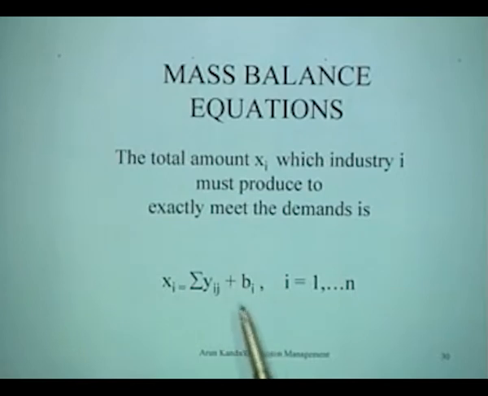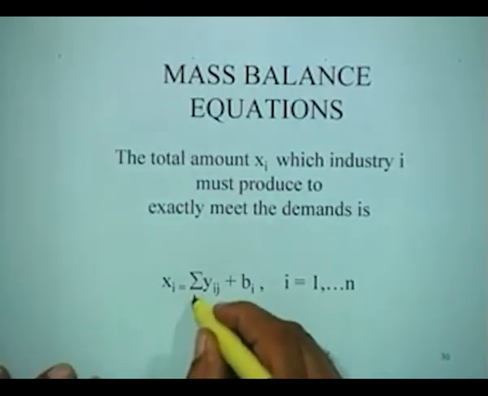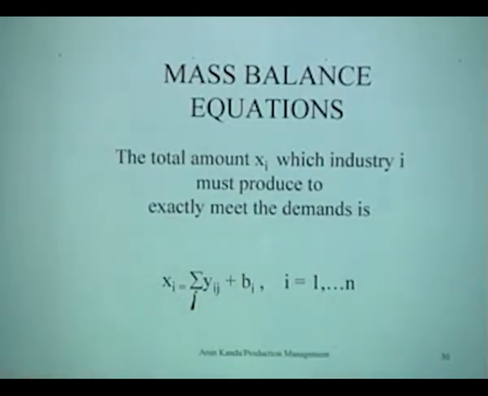Bi is the exogenous demand and Yij is the amount which is going to industry J. So this summation would be over all J. The total amount flowing from I to all other industries plus Bi should be equal to the production for that industry. It is a simple mass balance equation. This is like Kirchhoff's current law in electrical engineering.